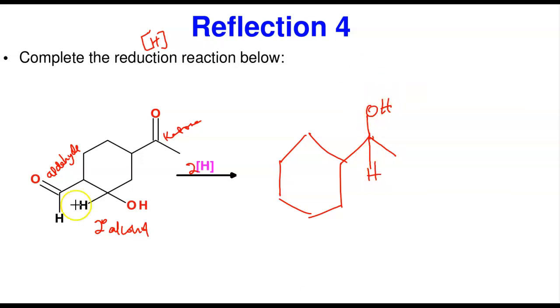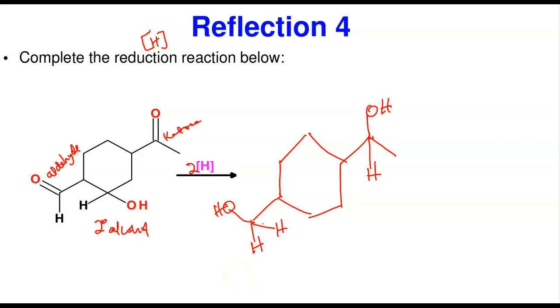So that is how you know. We go to this one now. If you add one hydrogen here, it becomes OH. There's already a hydrogen here, but you're going to add another one here. So this carbon has two hydrogens and one carbon on this side. So this is a primary alcohol.